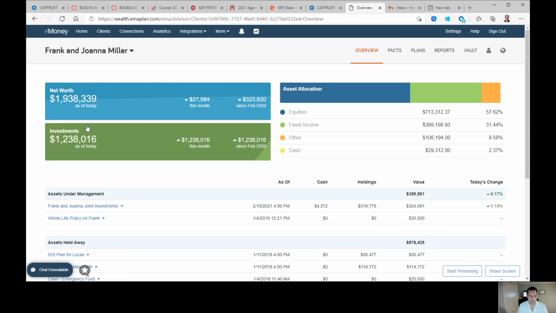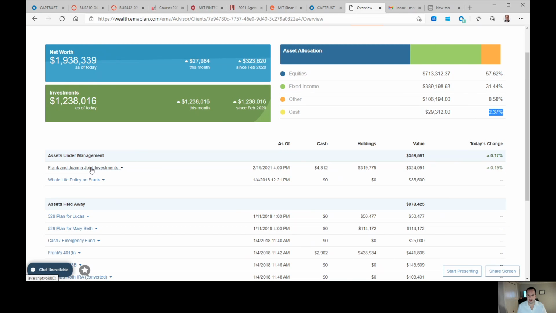This tells me they either have a business or some property that is outside of their investments, which increases their net worth. We can also see here that they have about 57% in equities. We can also see that they have about 31% in fixed income, about 8.5% in other, and about 2% in cash.